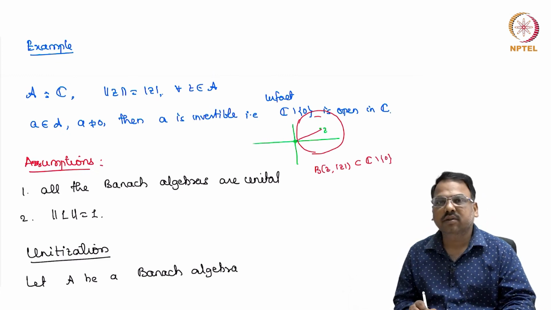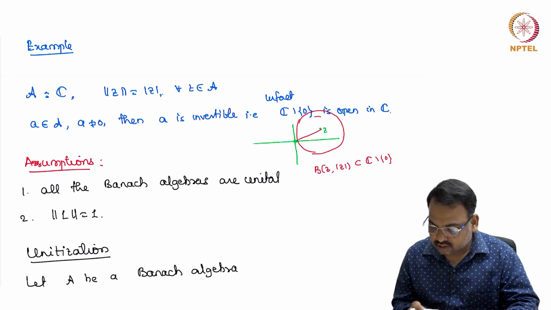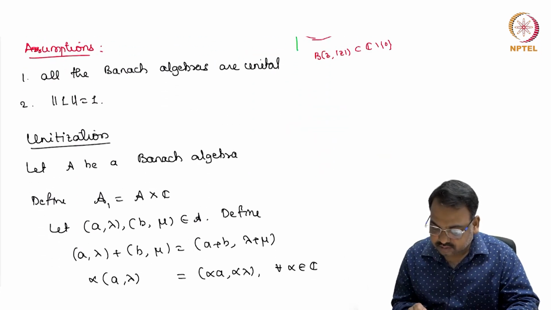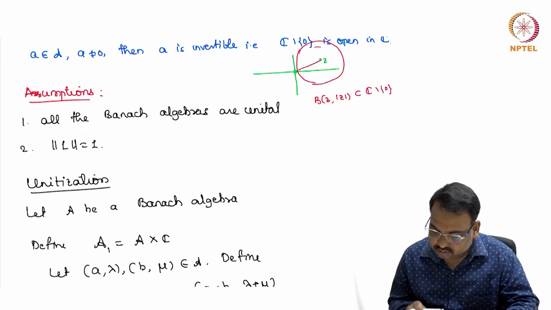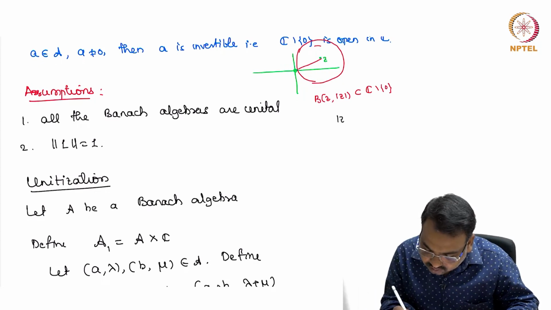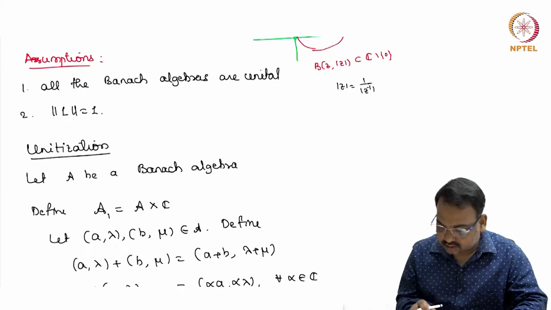So that means this is an open set. We can get a ball around Z with some radius r which is contained in C minus 0. Now we can imitate the same thing, but instead of mod Z we write 1 by norm of A inverse, then get the result.